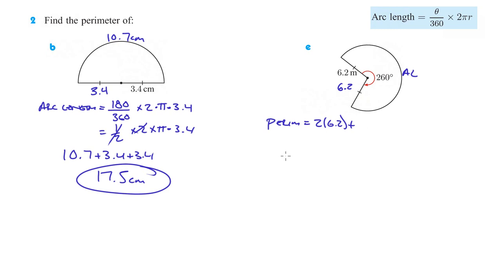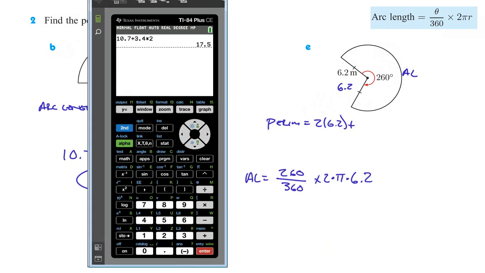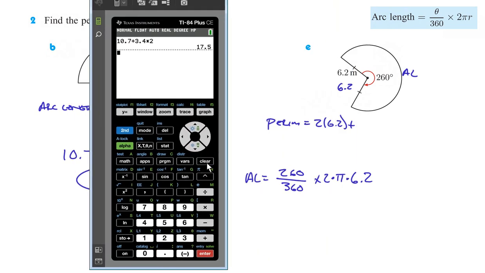So our arc length there is going to be 260 over 360 times 2 times pi times the radius, which we figured out is 6.2. Okay, so we can simply put that into our calculator and away we go.